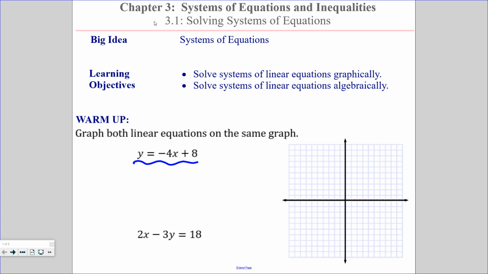Okay, I'm going to start graphing. This first one has a y-intercept of 8 and a slope of -4/1. Get a straight edge.